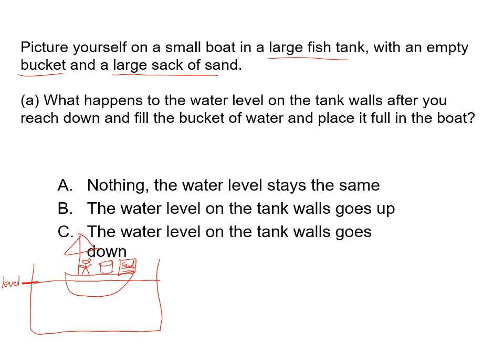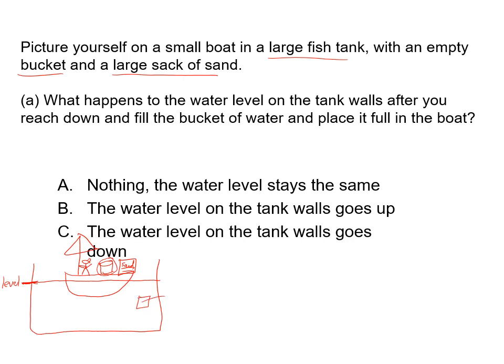So the idea here is if you've got an empty bucket here and you reach down and you fill it with water, then you're going to take a volume of water out of the pond.